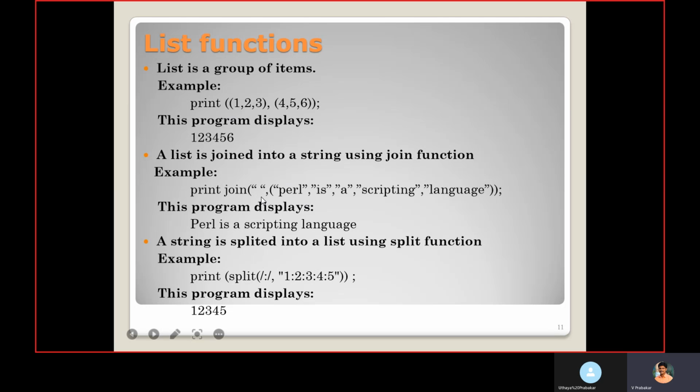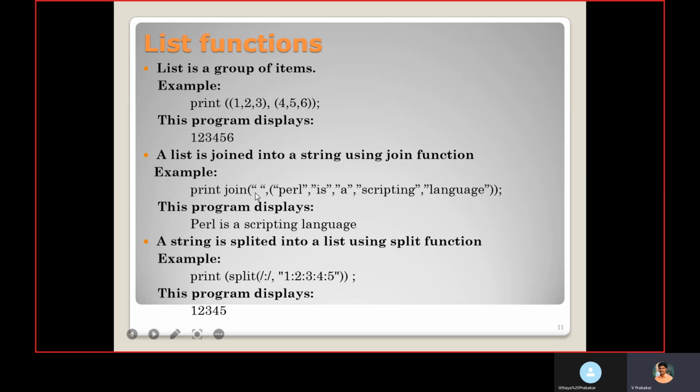Here within the double quote, I mentioned a space, just an empty space. Using this space, I'm going to join these elements. So it will display like this: perl space is space a space scripting space language.